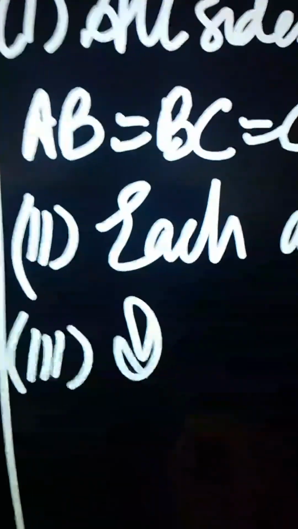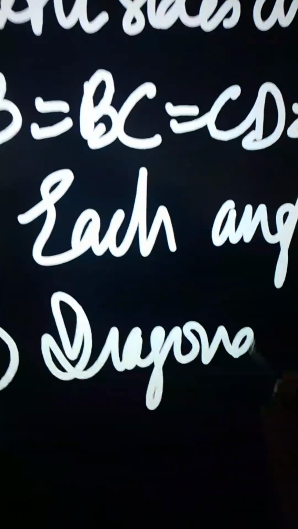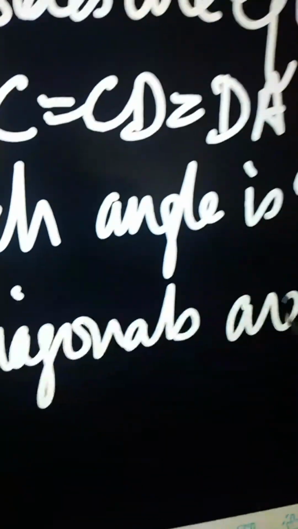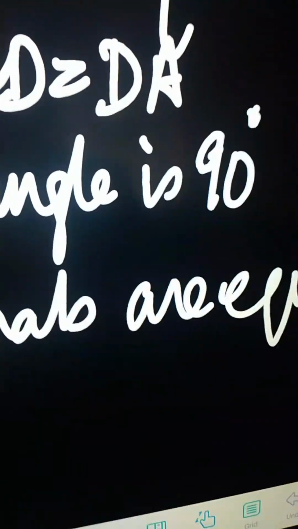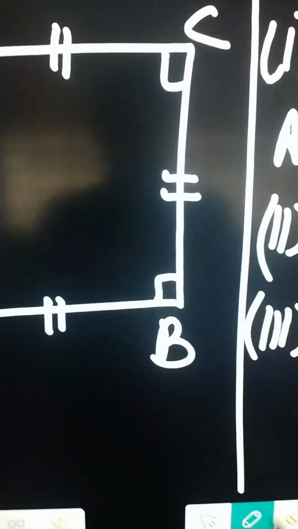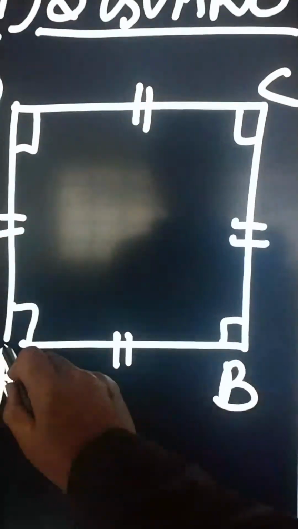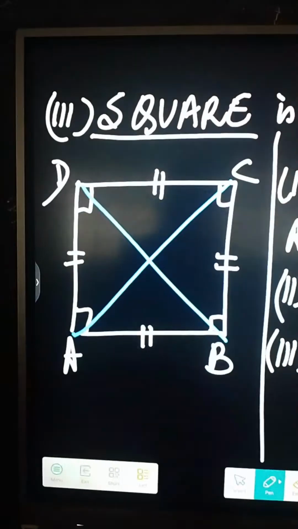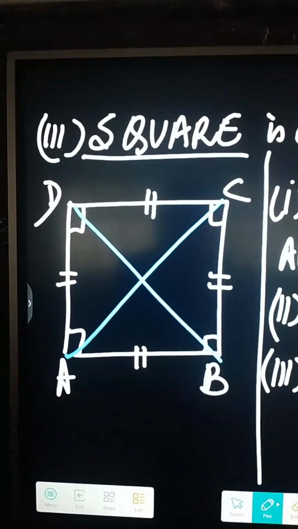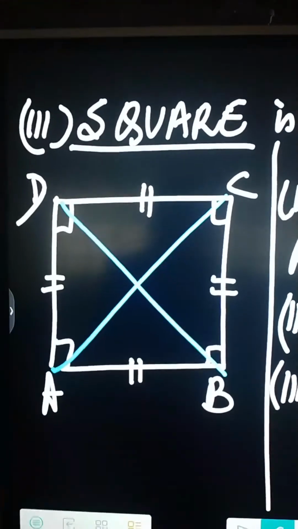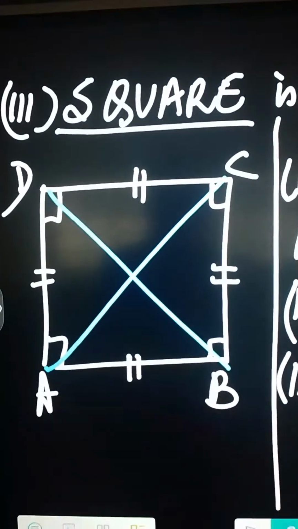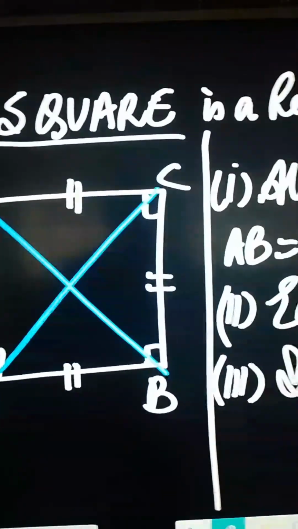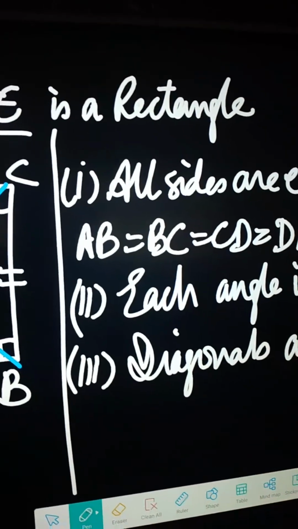Now another property is that the diagonals are equal. Diagonals are equal means AC is equal to BD. But this property is there in a rectangle also.